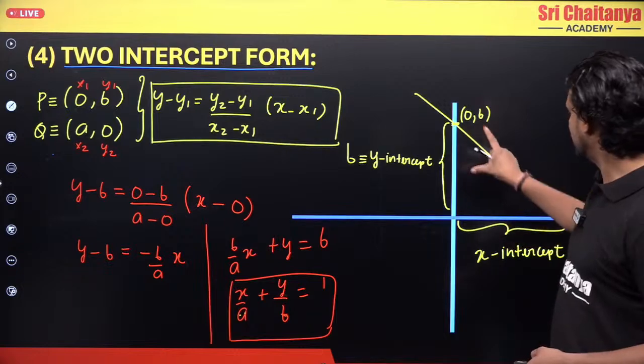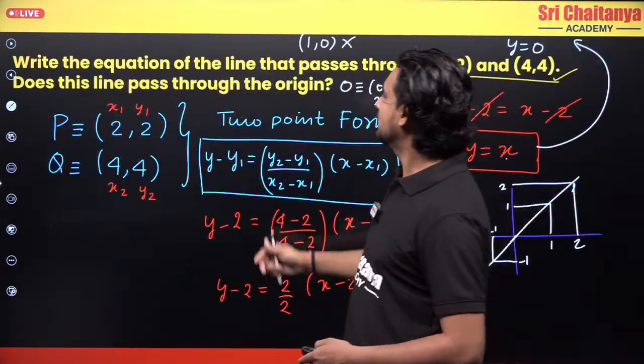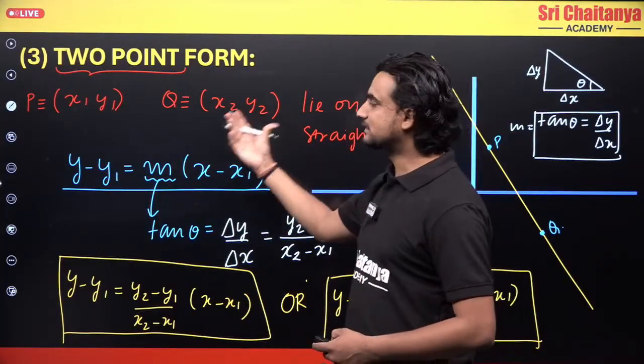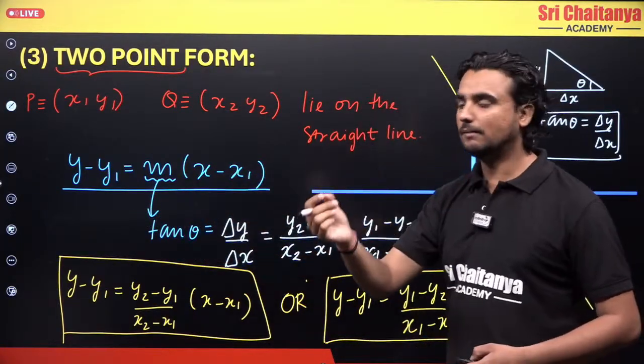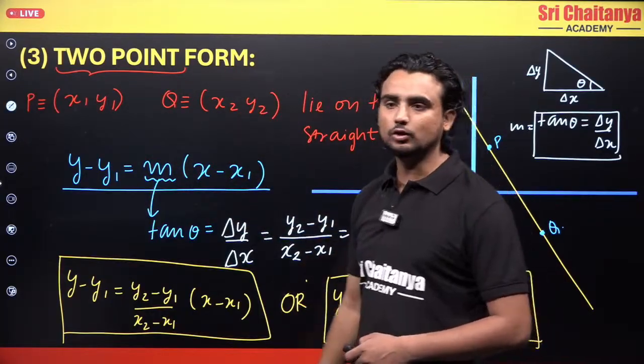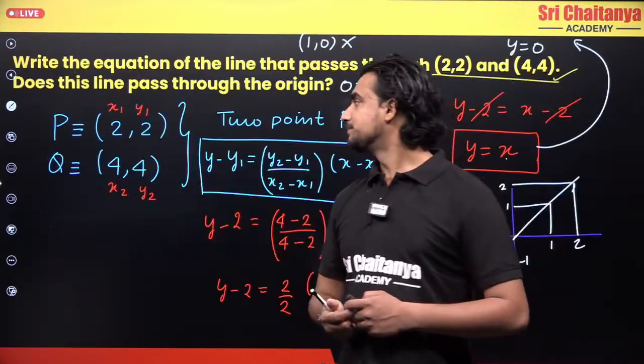This is my x intercept, this is my y intercept. But in the 2-point form, what do I need? I need a point P that lies on the straight line. I need a point Q, (x2, y2), which lies on the straight line. I hope this is clear to you.